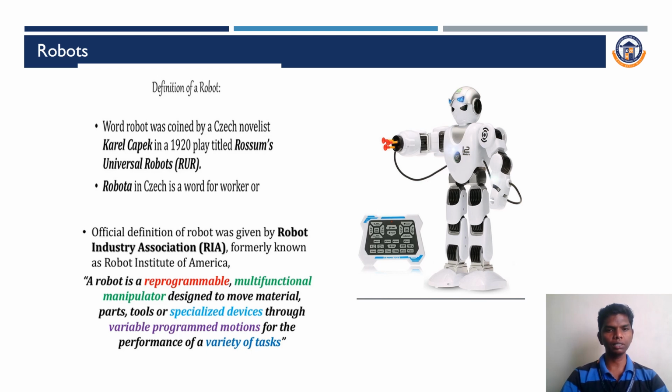The official definition of robot was given by the Robot Industries Association, that is RIA, formerly known as the Robot Institute of America. A robot is a reprogrammable, multifunctional manipulator designed to move material, parts, tools, or specialized devices through variable programmed motions for the performance of a variety of tasks.